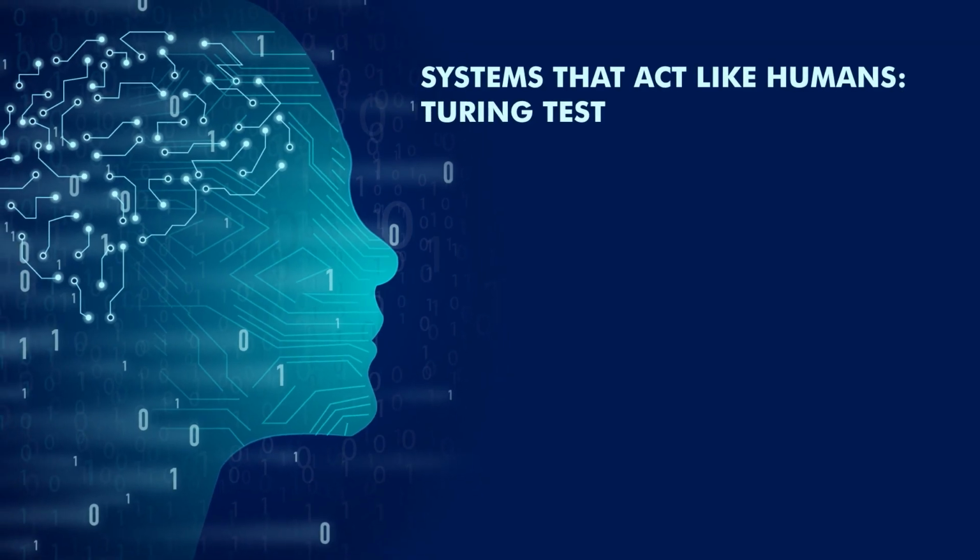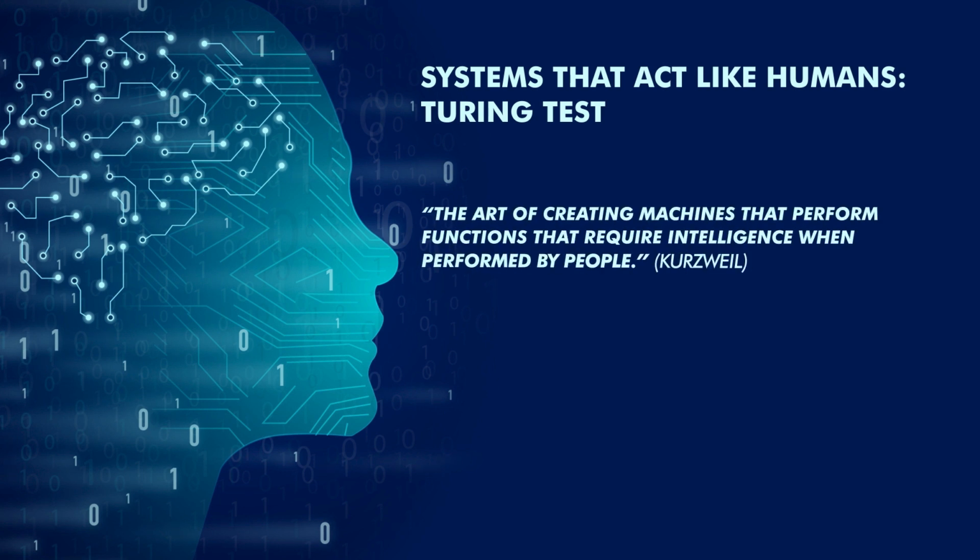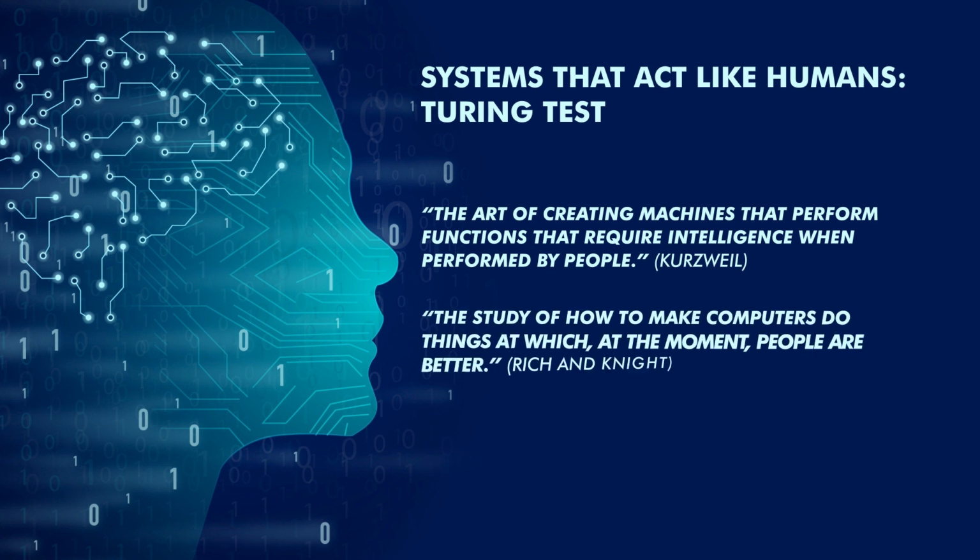So, systems that act like humans, like the Turing test: the art of creating machines that perform functions that require intelligence when performed by people. This definition is given by Kurzweil. And the study of how to make computers do things at which, at the moment, people are better. This definition is given by Rich and Knight.